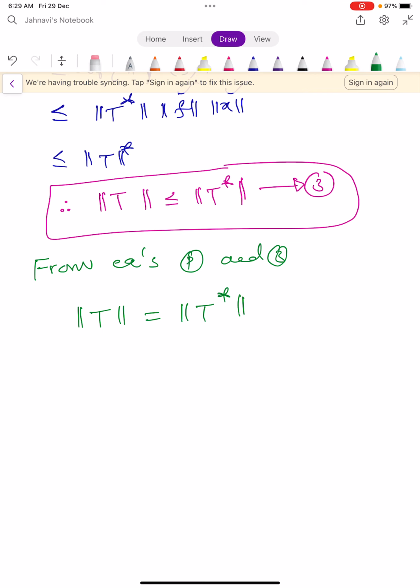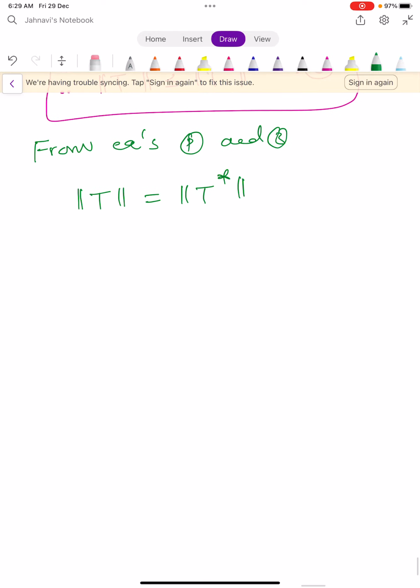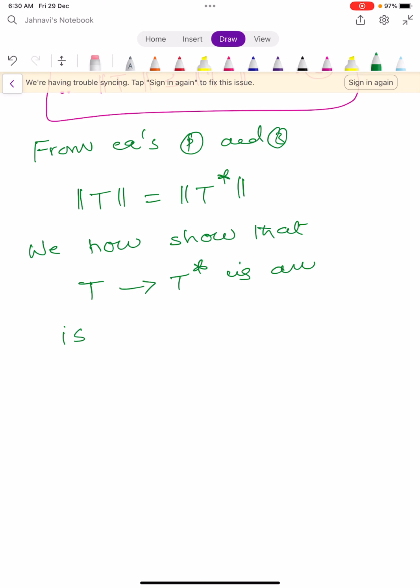Right. In the next part, we now show that T extends to T star is an isometric isomorphism.